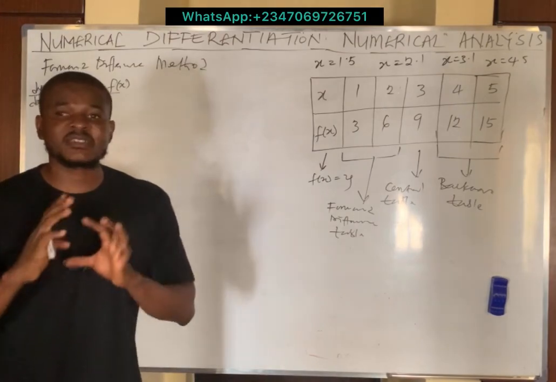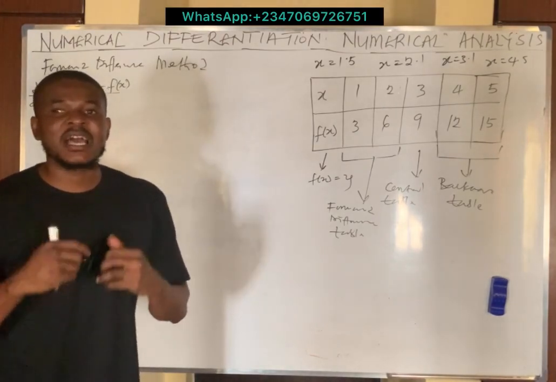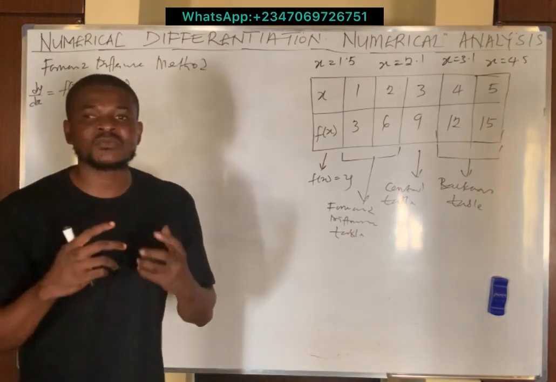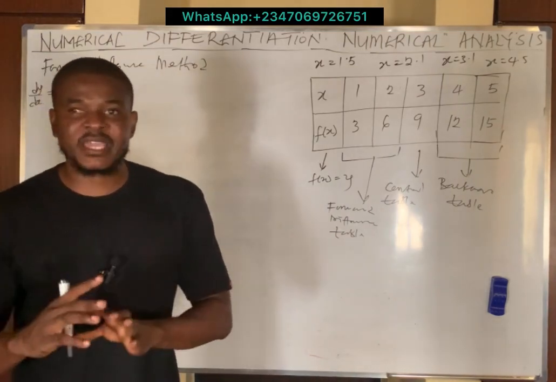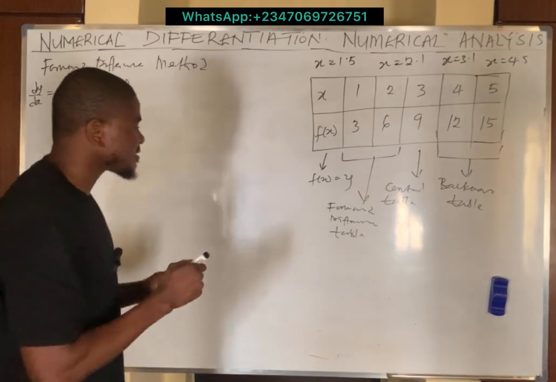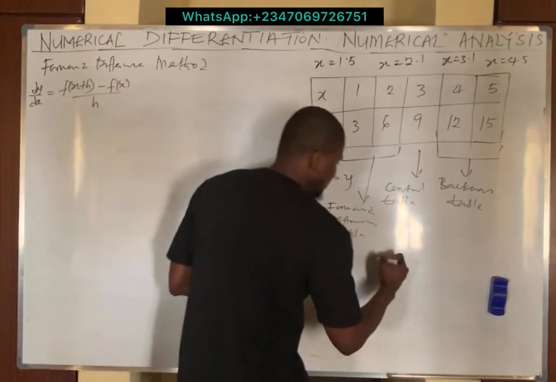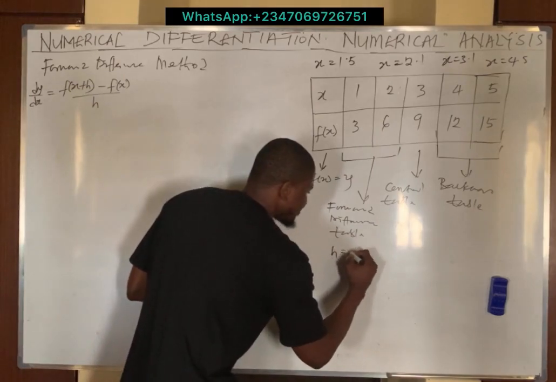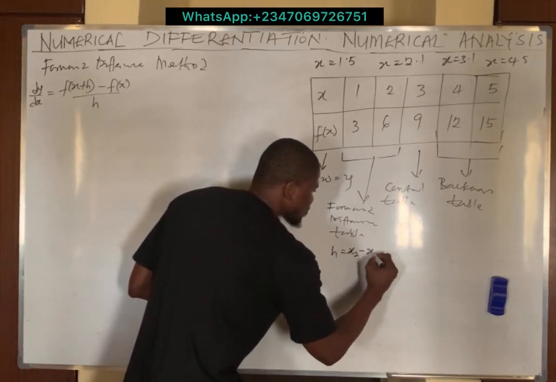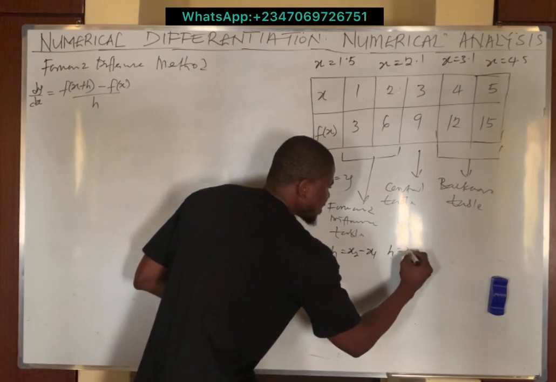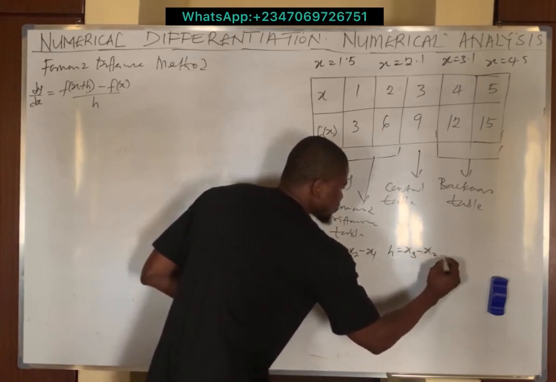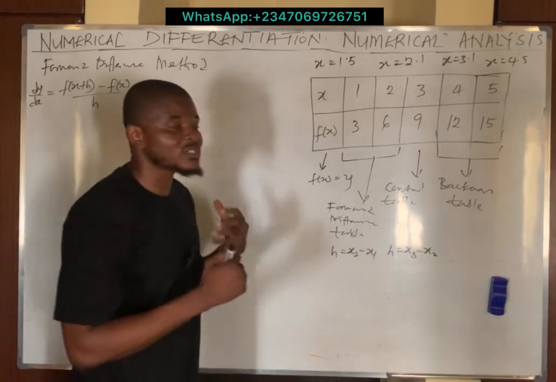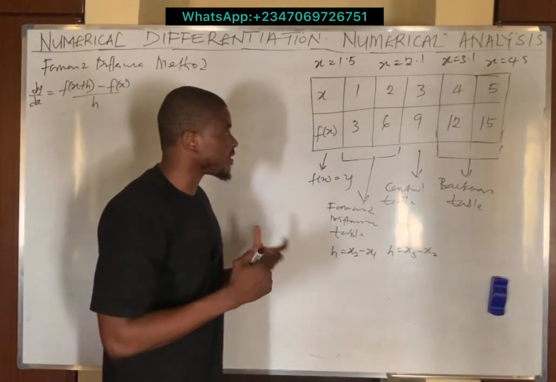h is a term called a step size or simply interval, and it is simply the difference between successive values of x. Now, what does that mean? That simply means for this given table, h can be x2 minus x1, or h can be x3 minus x2. So it means the difference between successive values of x.